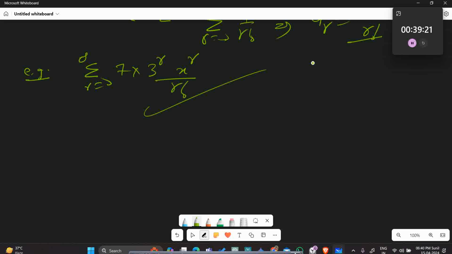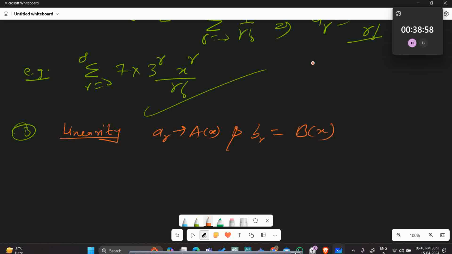A new concept will be introduced here. The new concept is linearity. What is linearity? a_r is a numerical function, b_r is a numerical function.